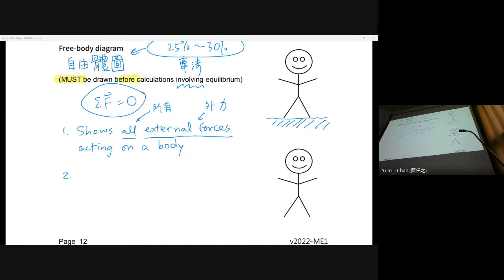What forces should we add? The very first one is the weight of yourself, right? So mg. What else? So where should I add the reactions? Where should I add this one? Okay, very good.